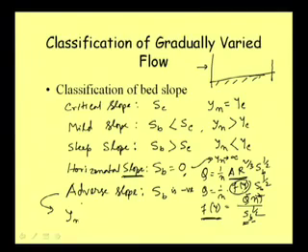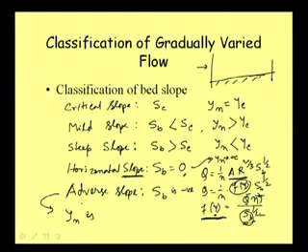And in case of adverse slope, there is another interesting situation about y n. So, for adverse slope, what will happen to the normal depth? Now, if we see this equation again, what I am writing here, this function of y is equal to q into n divided by S b to the power half. Now, when S b is negative, then it is minus something to the power half, and the square root of a negative number, we know, is an imaginary number.